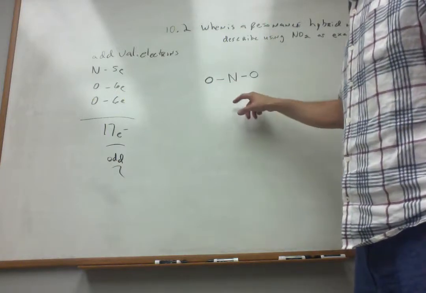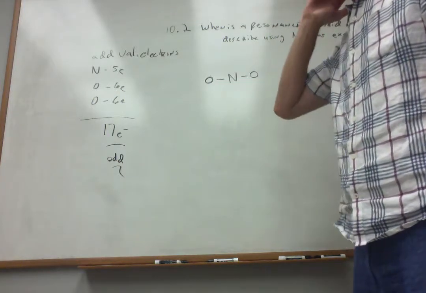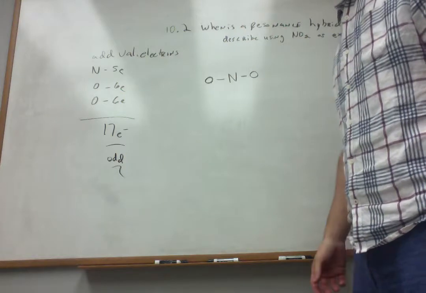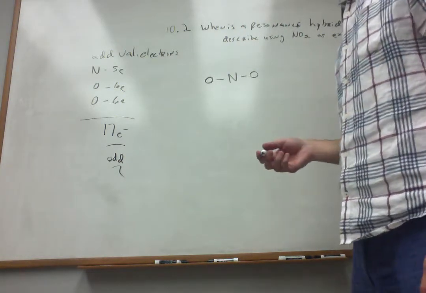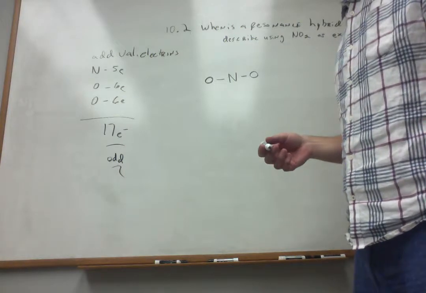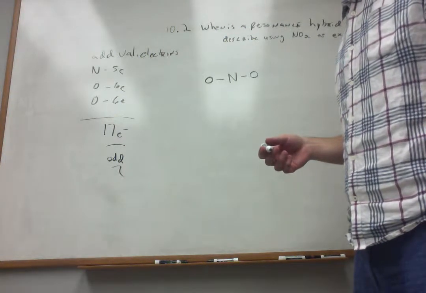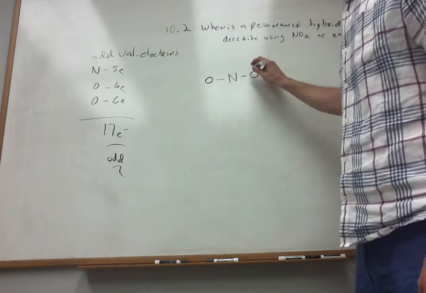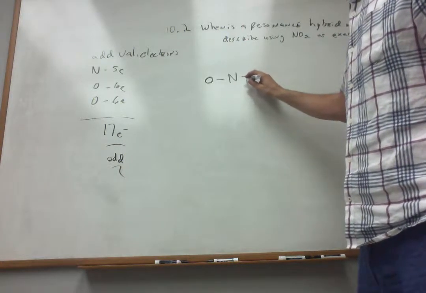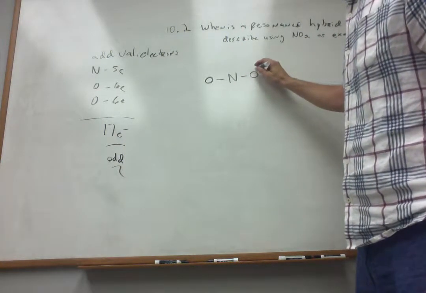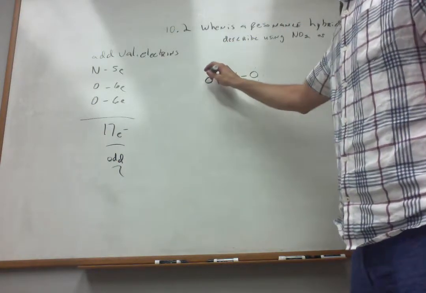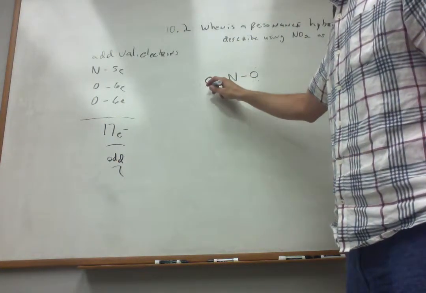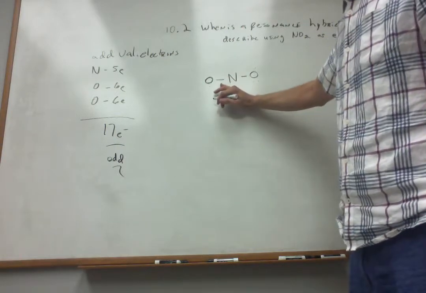I have one line or bond here and one here, which is the minimum required to hold these atoms together at first. To complete the Lewis dot structure, we assign electrons to complete the octets of all the atoms. Since each line represents 2, I do 6 dots on this oxygen, which now has 8, and 6 dots over here, which now has 8 with the bonding.